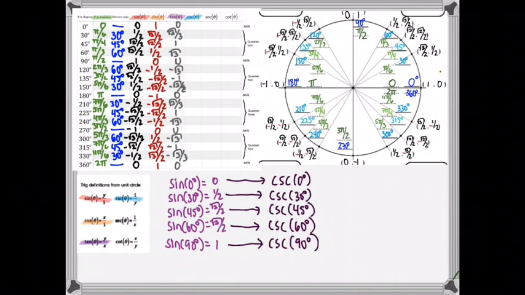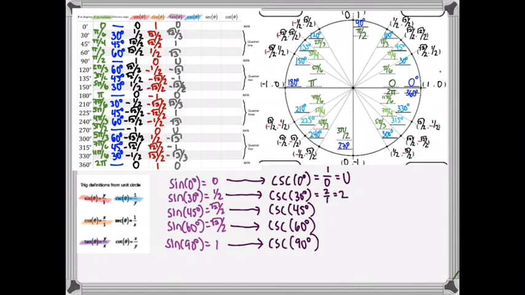So let's go ahead and take a look. The reciprocal of 0 is going to be 1 over 0. Division by 0, as we learned with tangent, gives us undefined. For this one, we take the reciprocal of 1 over 2, and we get 2 over 1, which is just 2.